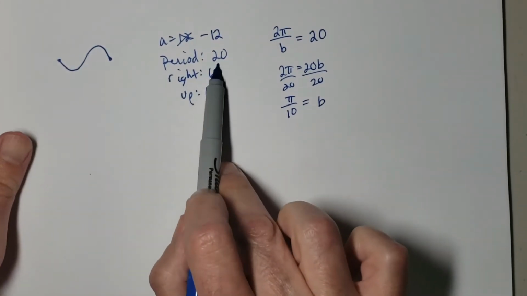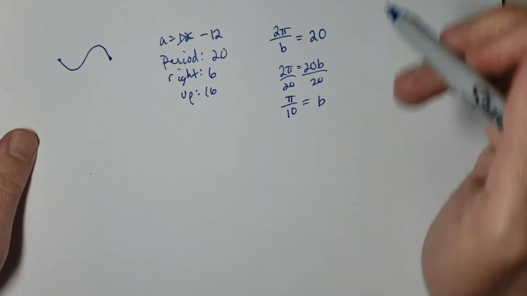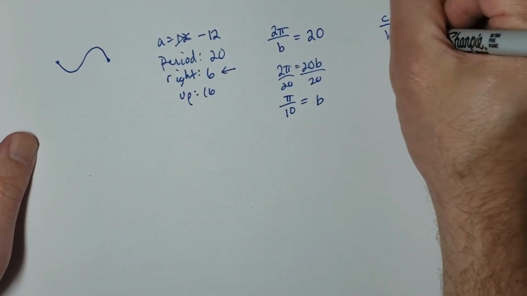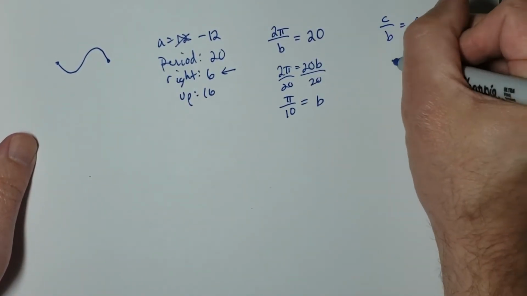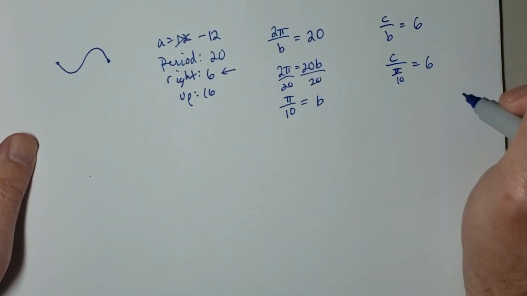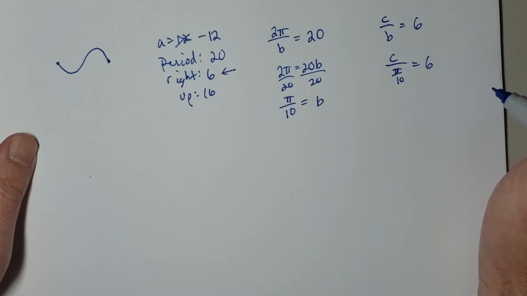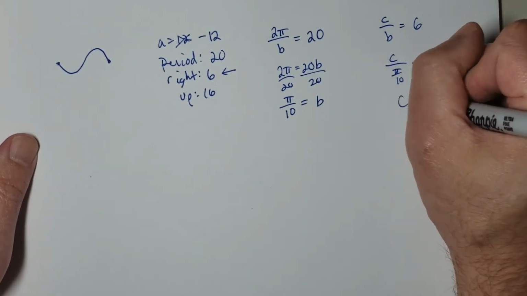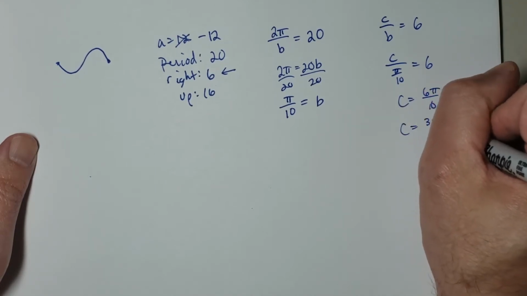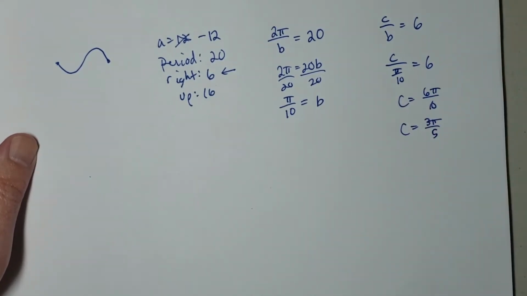Again, the period is 20, B is pi over 10. Similarly, we know that the phase shift went right 6, so C over B is equal to 6. So C over pi over 10 is equal to 6. And so I can multiply both sides by pi over 10 and reduce that fraction and get 3 pi over 5.